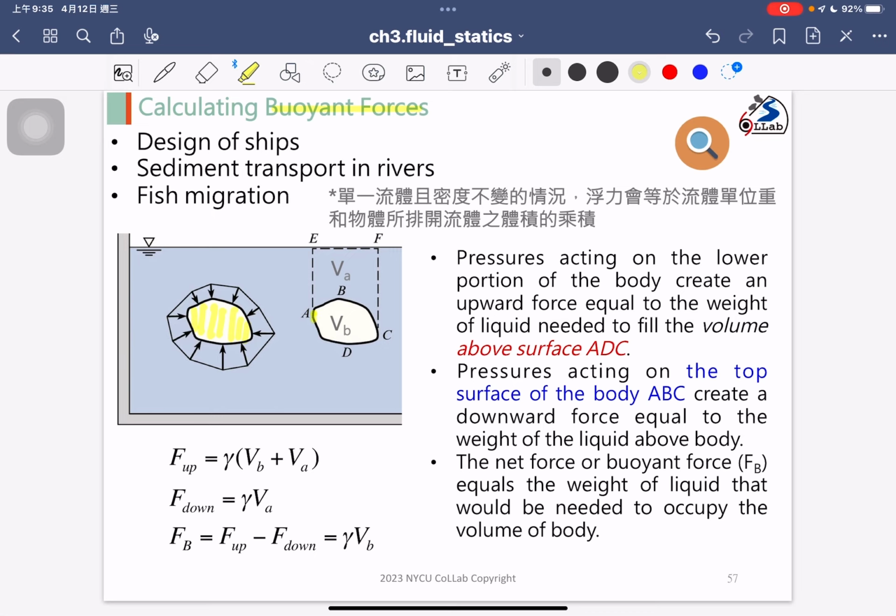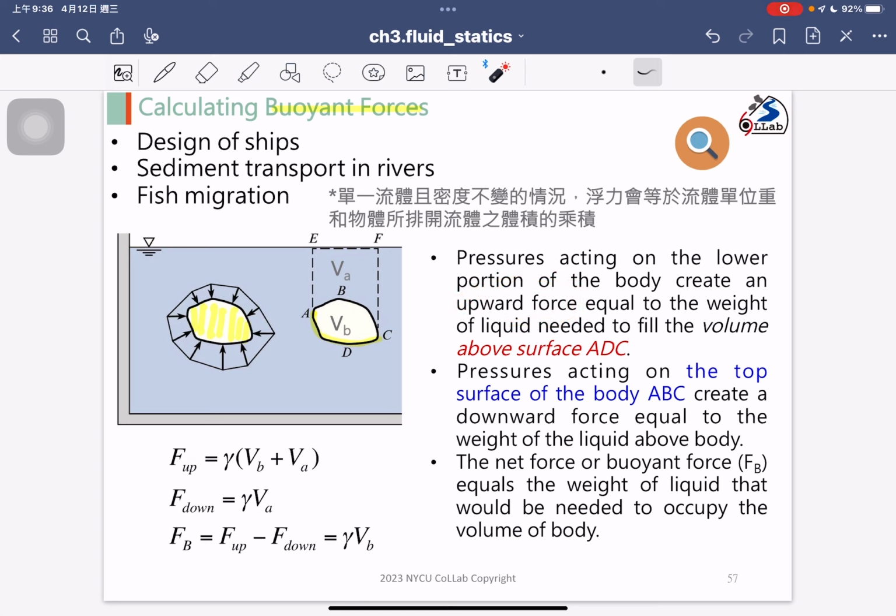The first one we consider is the ADC curvature line, and we know the pressures, as I show here, act on the lower portion of the body. Where is the lower portion of the body? As I mentioned, the ADC line.